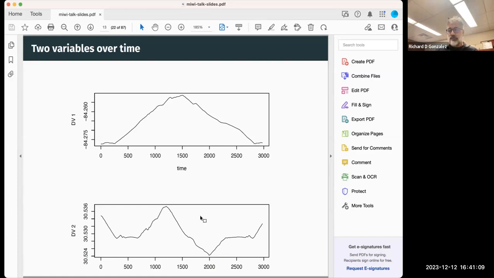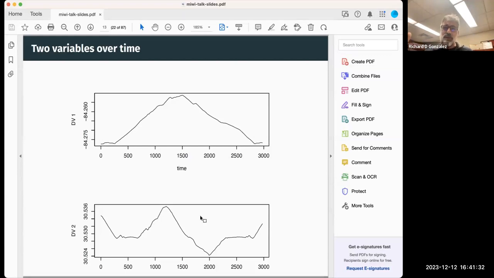The second dependent variable, it's the same time points, and this one seems to have a little bit more of an up and down pattern where it starts relatively high, goes down to about halfway, stays there for a while, then goes up to the max and drops down to the bottom, and then goes up to about baseline to where it started. So these are two different dependent variables over time.